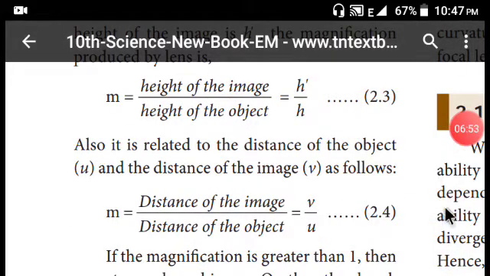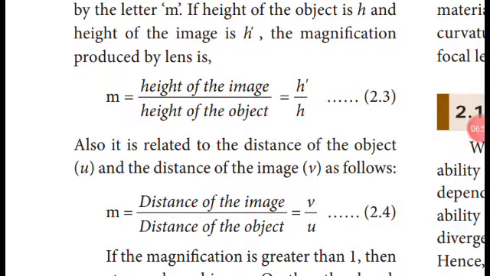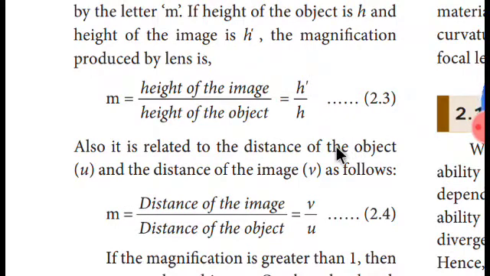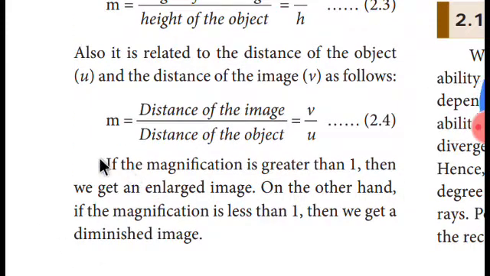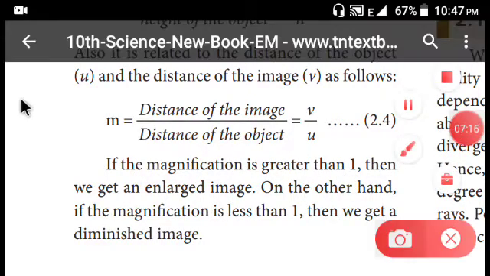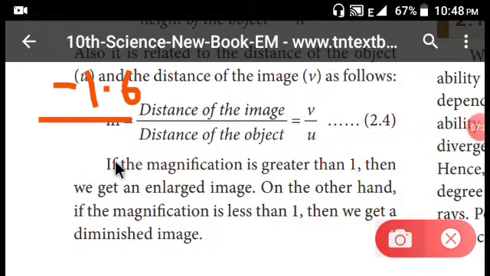The image is greater than the object because 1.6 is always greater than 1, right? That 1.6, that value alone you need to see, to understand this last paragraph. If the magnification is greater than 1, we saw minus 1.6 is the magnification, right?